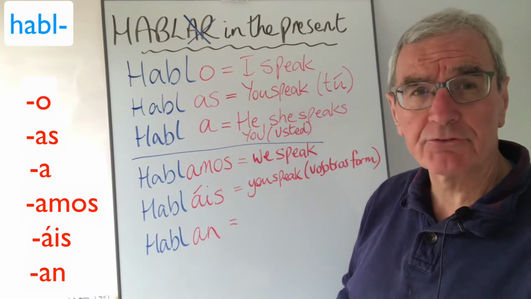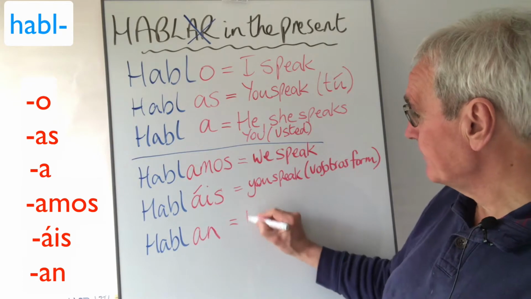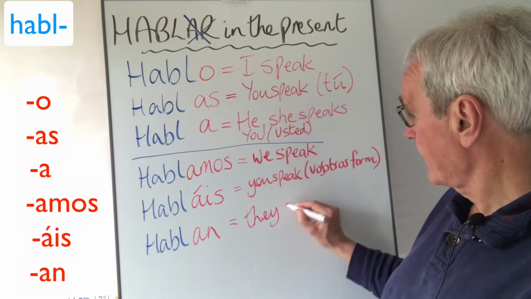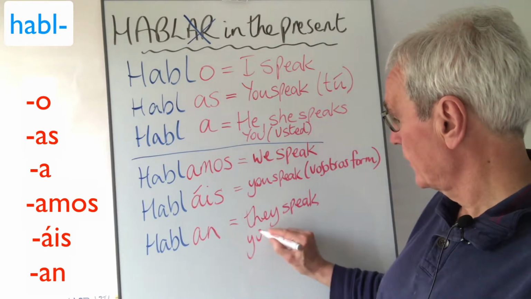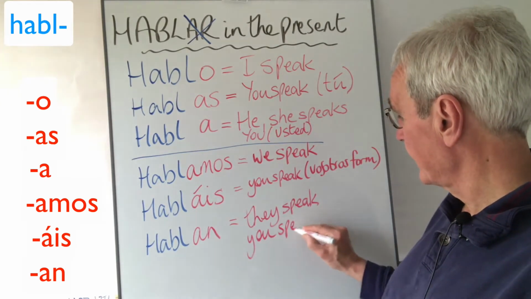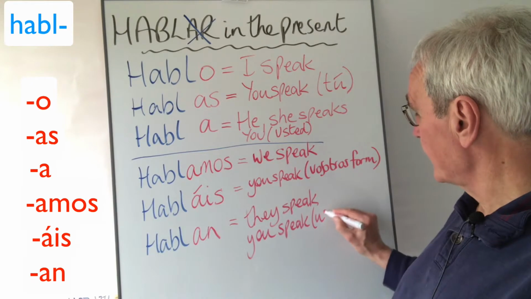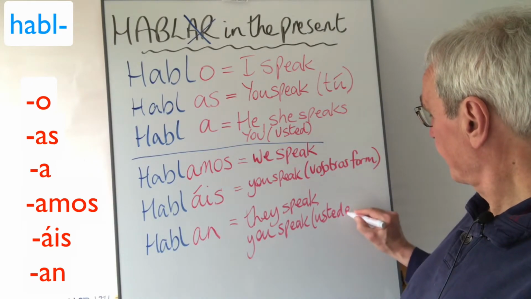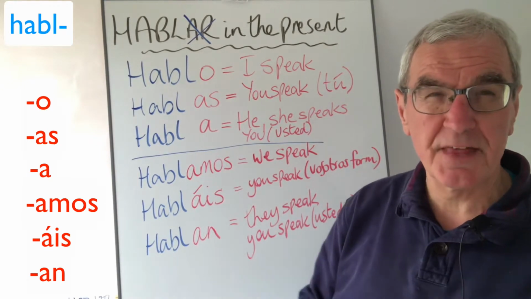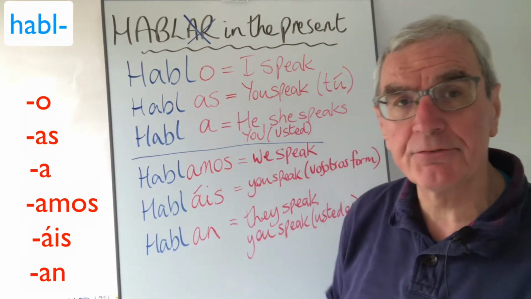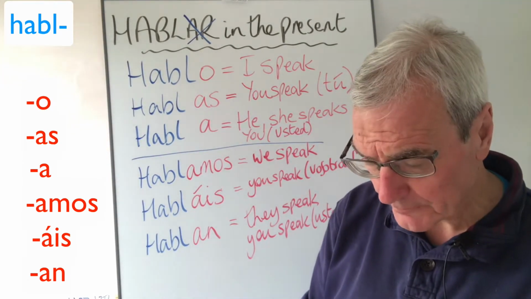Well, you get used to it after a while. Hablan means they speak, or you speak, and this time that's what we call the ustedes form. So that's you polite in the plural.